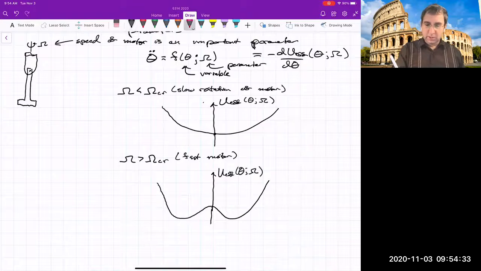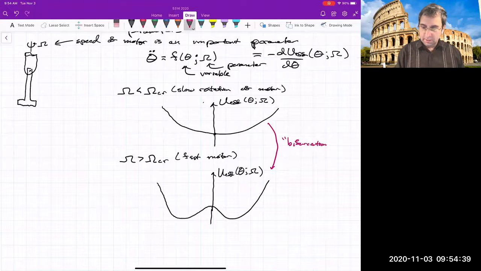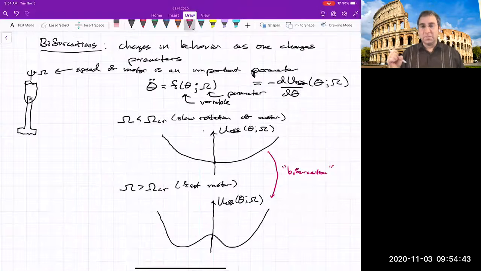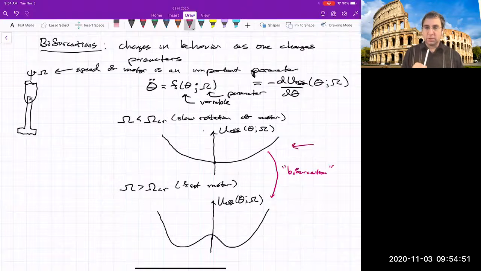So going from here to here, there was a bifurcation, because there's a qualitative change in the dynamics between these two situations. Maybe you could see what it is. For the upper situation, for slow rotation, the T shape, at least in terms of its angle theta, is just going to oscillate around the bottom position.